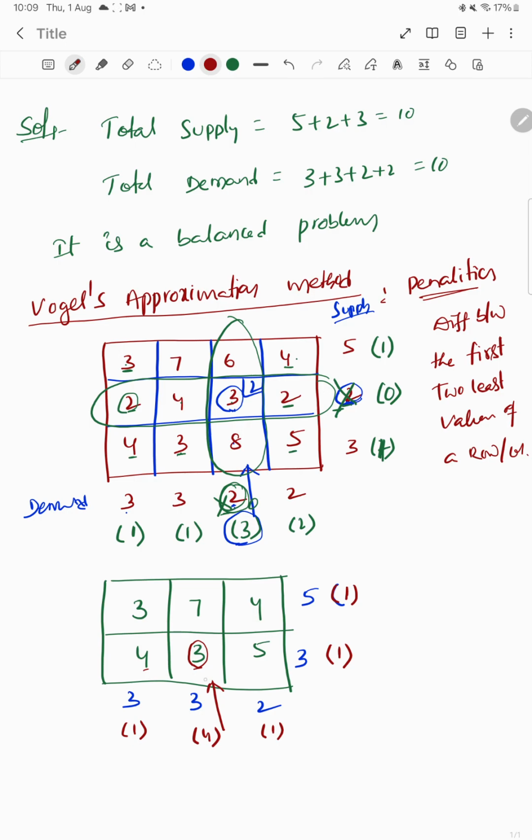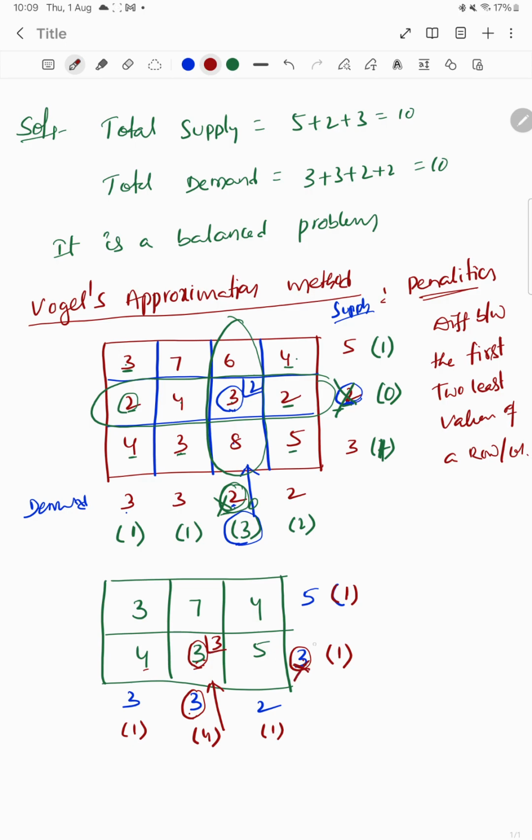Now if you observe, for this 3, corresponding supply is 3 and corresponding demand is also 3. So out of this 3 and this 3, we need to allocate the least value. But both are the same, so we will allocate 3 only. This 3 means there are 3 products, and those 3 we have already sent for transportation.